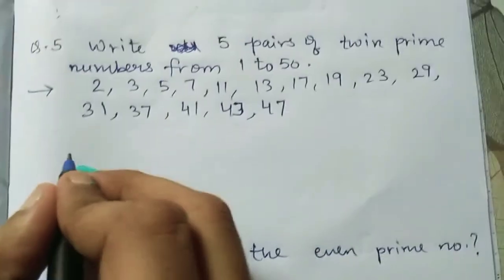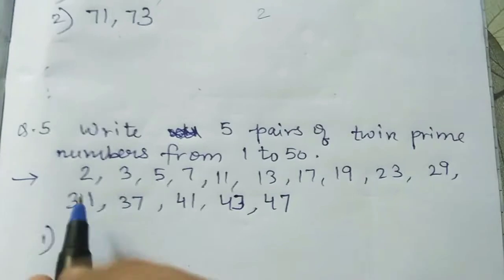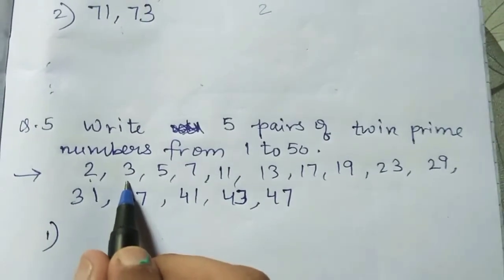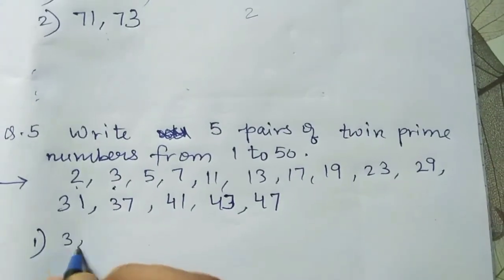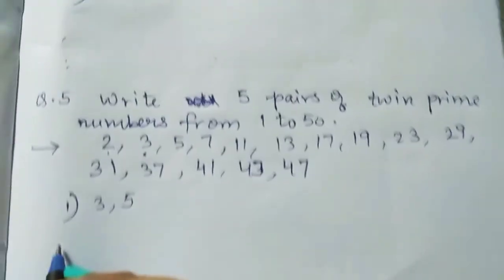So I have listed down here. Now we have to check for the twin prime pairs. 2 and 3, only one number gap, so no. 3 and 5, two number gap, then yes, 3 and 5 is the first pair.